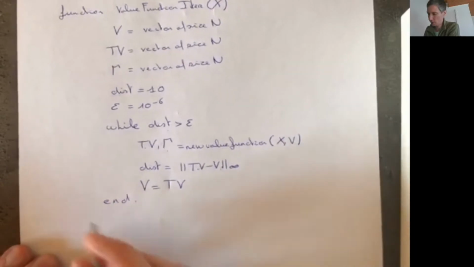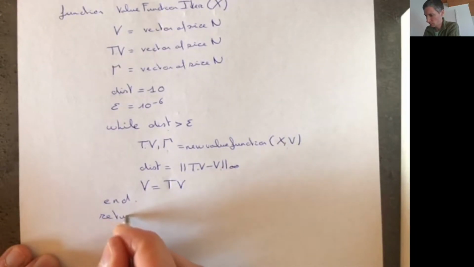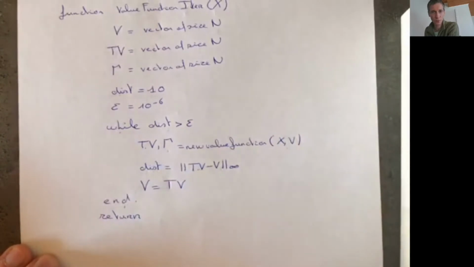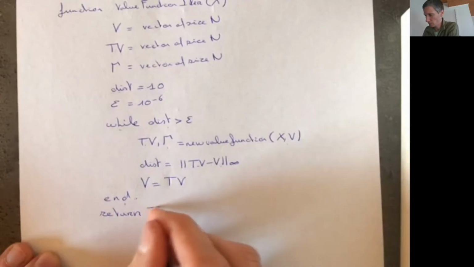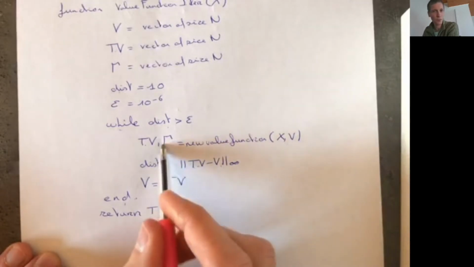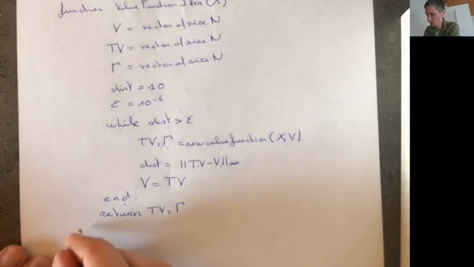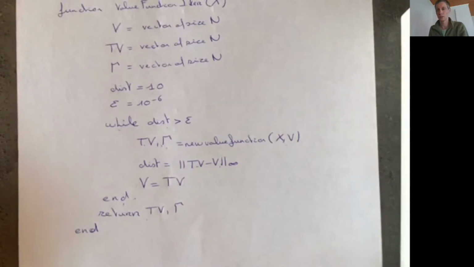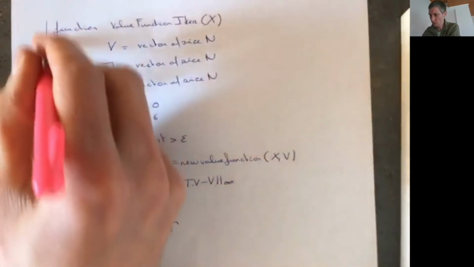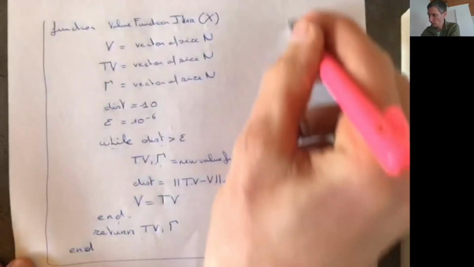So I'm going to end this, and then once I exit the loop, I'm going to return TV, and I'm going to return the last value of gamma here. And I'm going to end this function. So this is going to be my value function iteration.